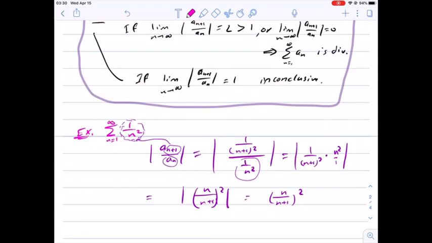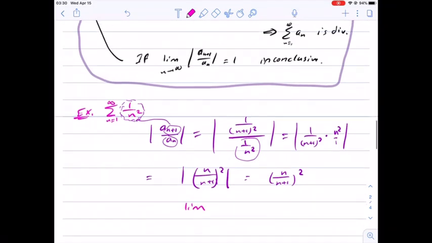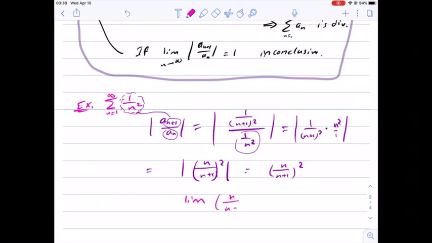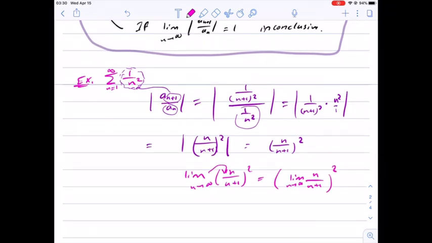Now we take the limit of this. The limit of (n over (n+1)) squared as n goes to infinity. And as we know, this is equal to 1.